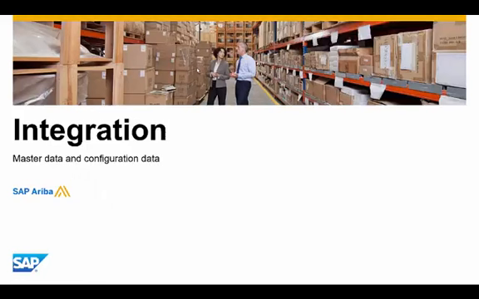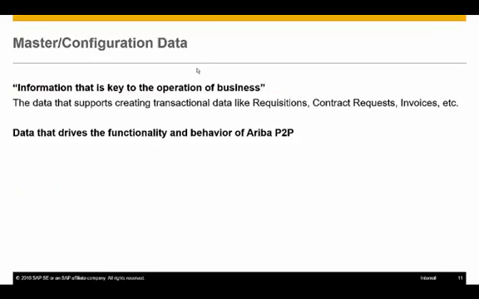Okay, let's go on to integration. So this is going to talk about the master data and the configuration data and how we can integrate them. Let's understand what it means. So master data basically means any data that is most necessary to create the transactions on P2P.